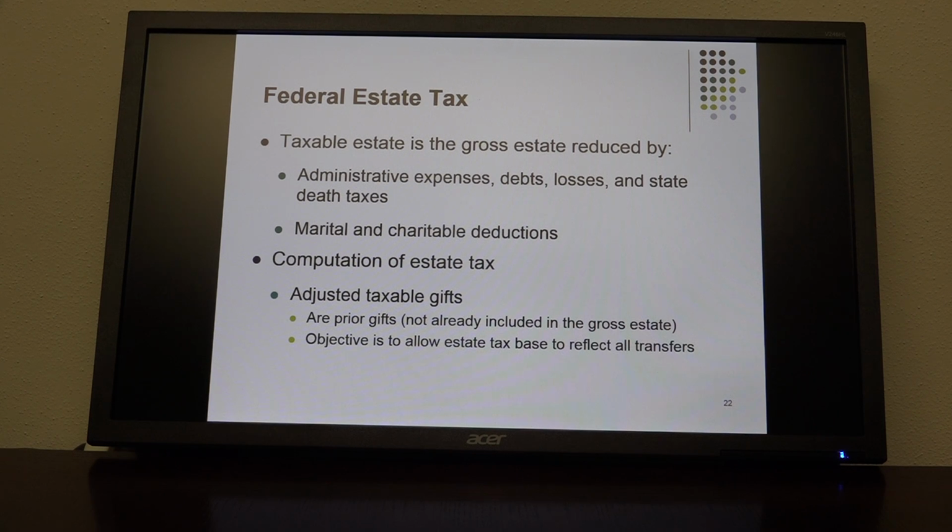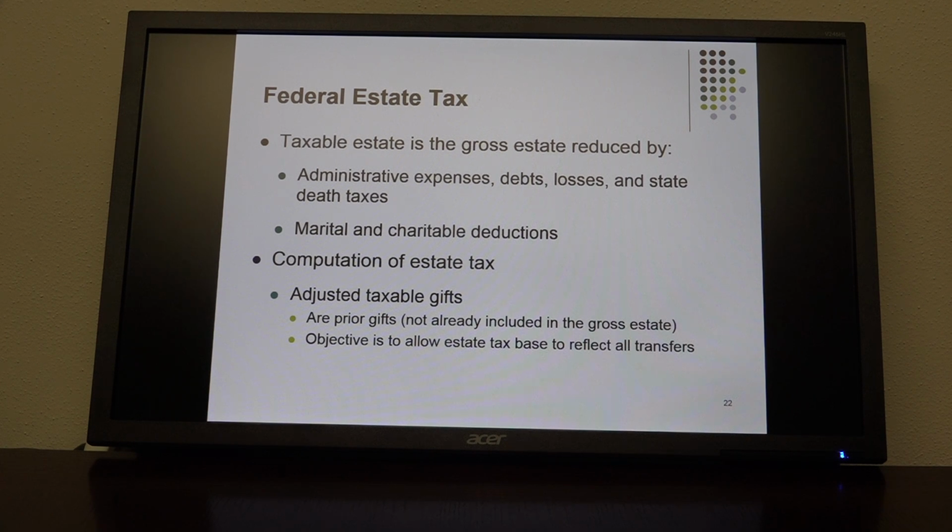And again, all they're doing is following the formula that you saw in Exhibit 25-6. And so once you've figured out the gross estate, you reduce it by any administrative expenses, debts, losses, and, if any, state death taxes. Okay, so that's not a real biggie. That's just kind of there.